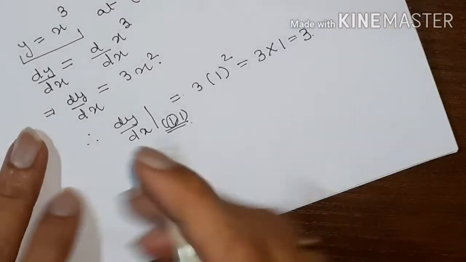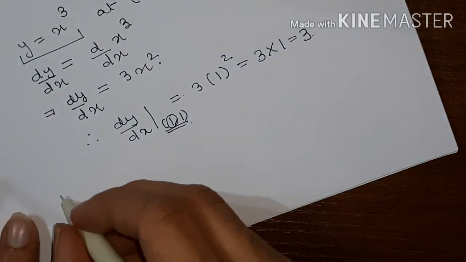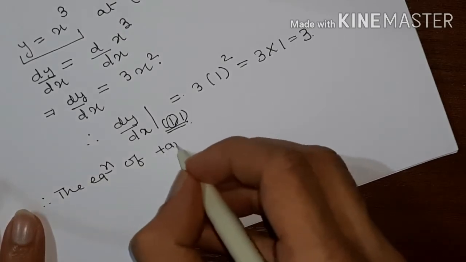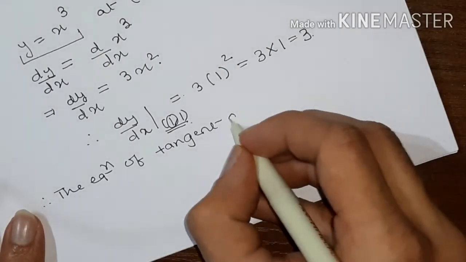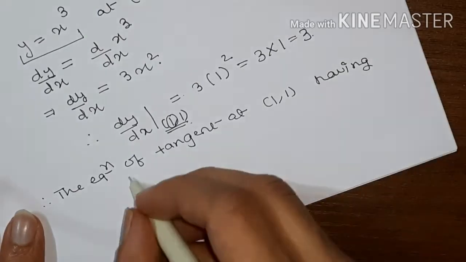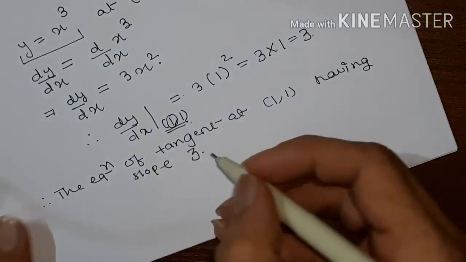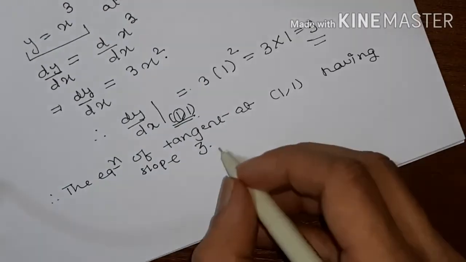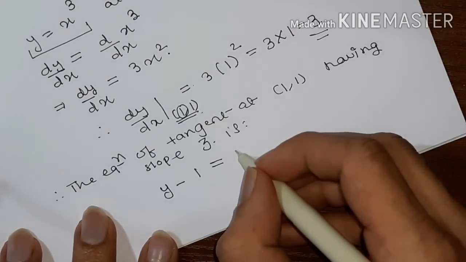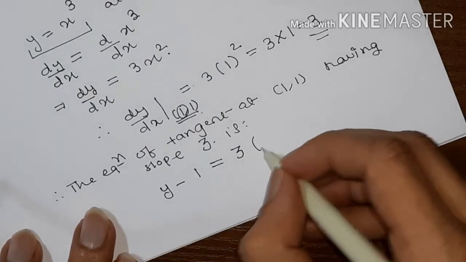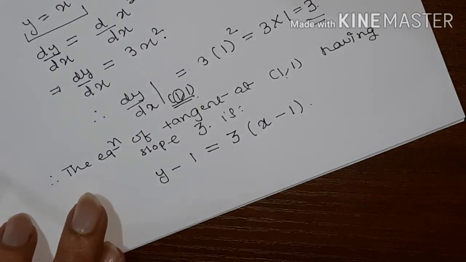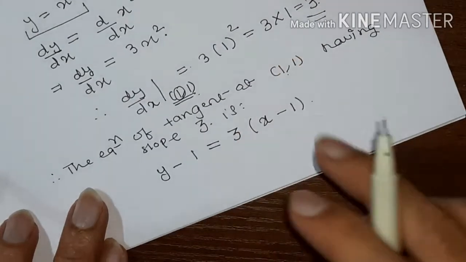Now therefore we can find the equation of the tangent. Therefore the equation of tangent at the point (1, 1) having slope 3 is y minus y naught, that is 1, equal to the slope multiplied by x minus 1, because x naught is 1, so x minus x naught, so x minus 1 you get.